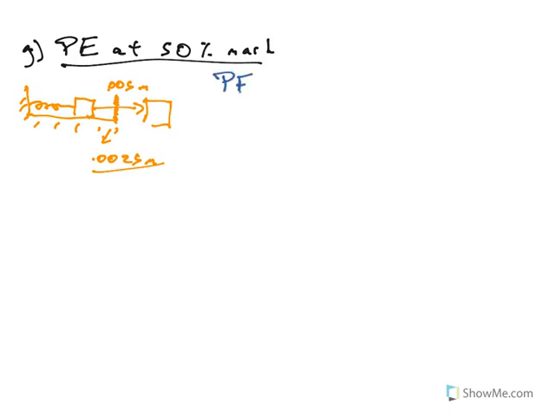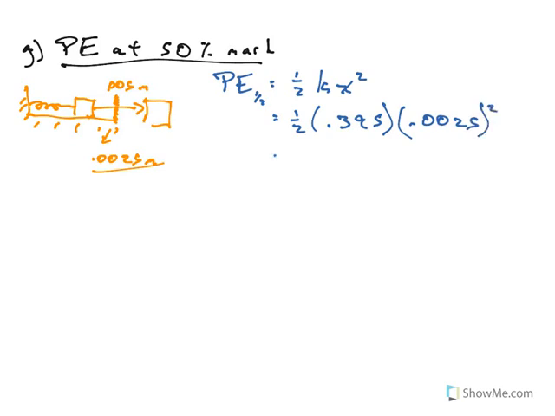So the potential energy at the halfway point, again, is 1/2 kx squared. K, again, is 0.395. X, how far we've stretched it, is 0.0025.